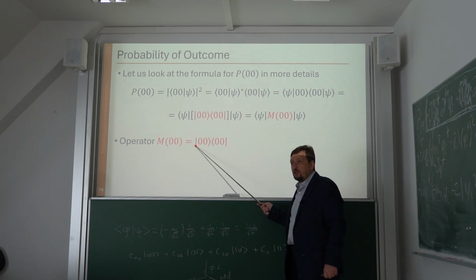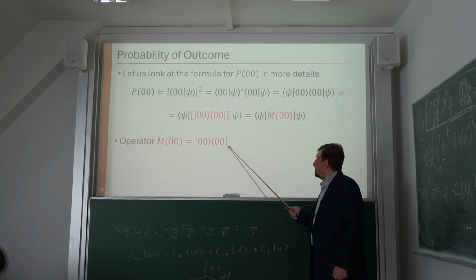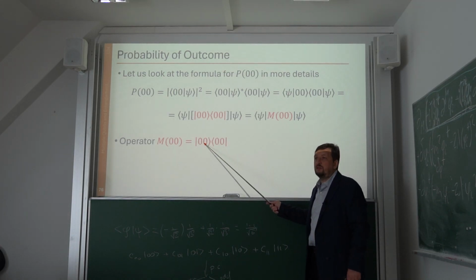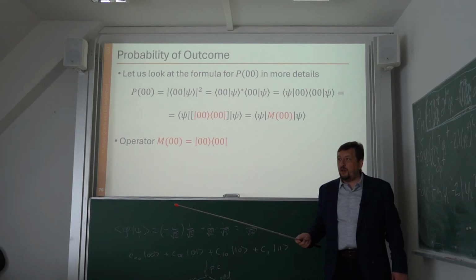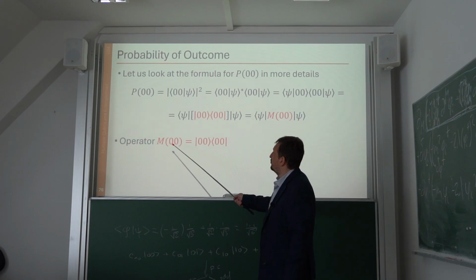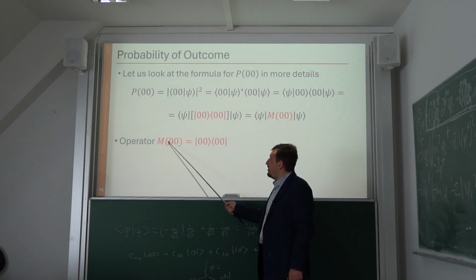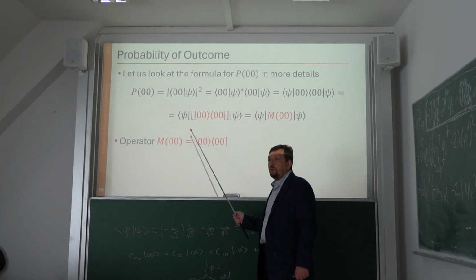So this is a projection operator. It takes only the 0, 0 component of the state and leaves it at 0, 0. Any measurement can be written through some projection operators.